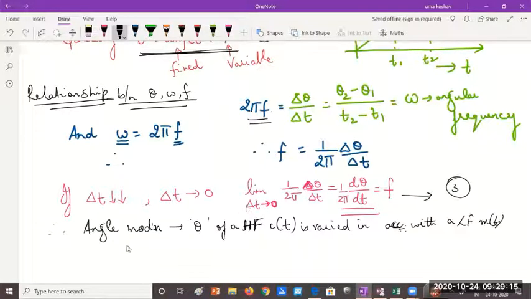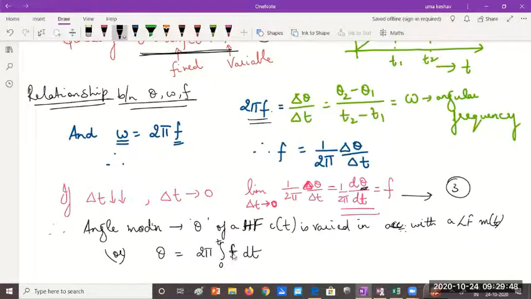Or if I want theta from f, how do you get it? See, f is 1 by 2 pi d theta by dt. So can you find theta from f? How do I extract this theta? Yes, integration. You take 2 pi to the other side. Integration of f dt from 0 to t, correct?